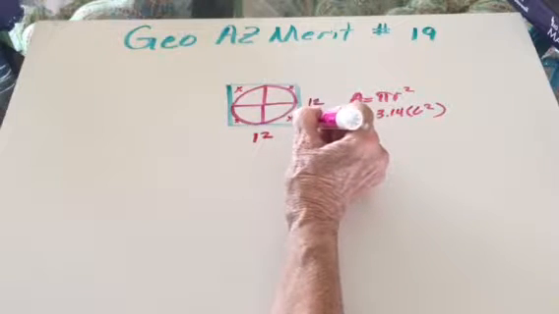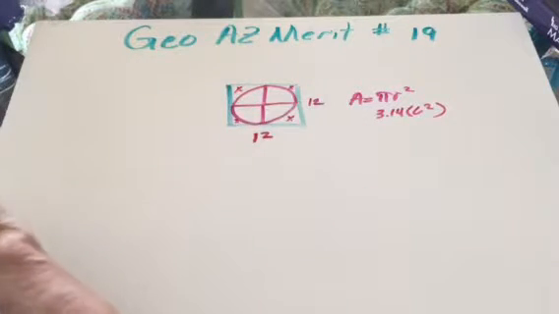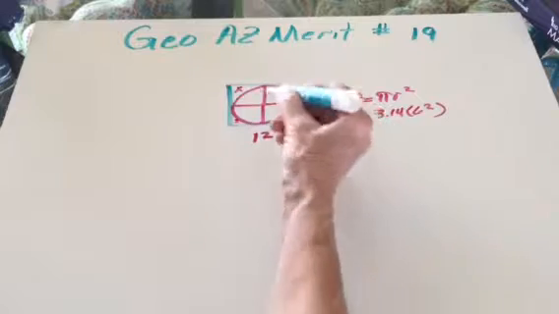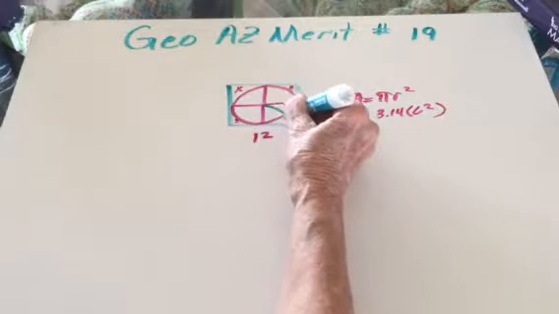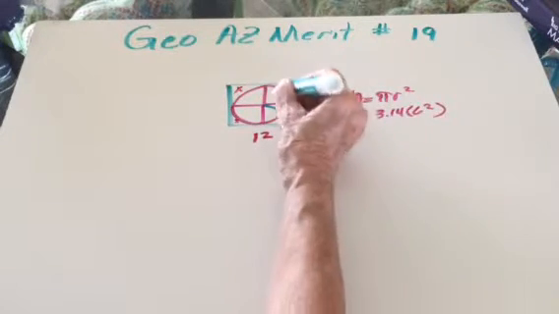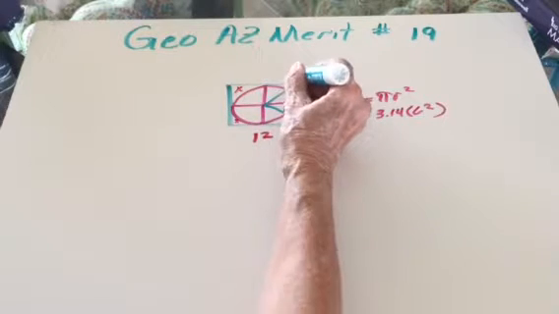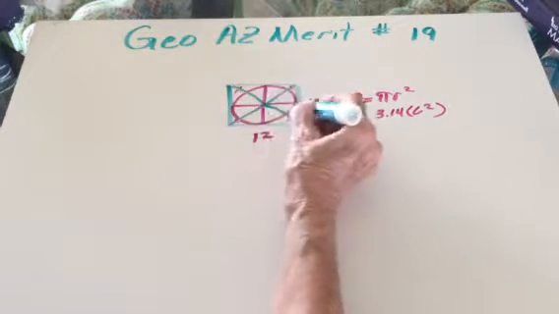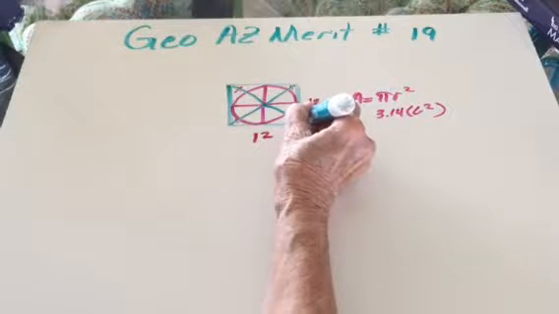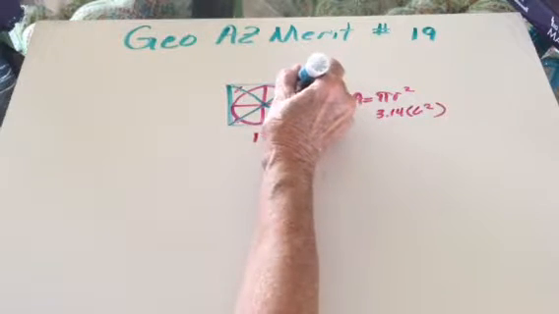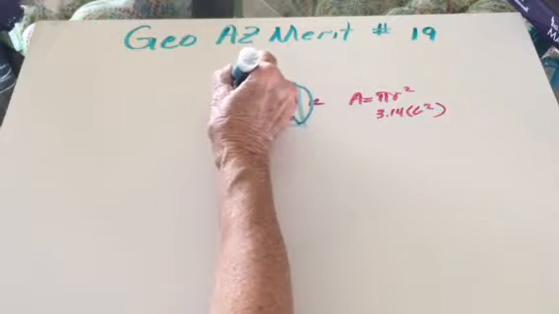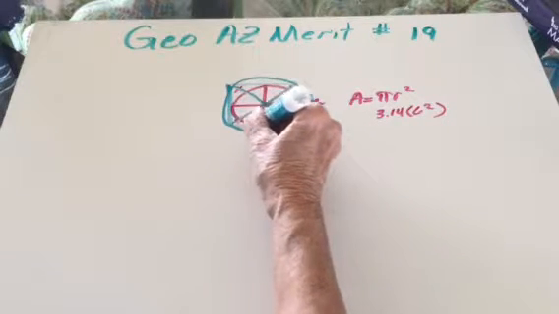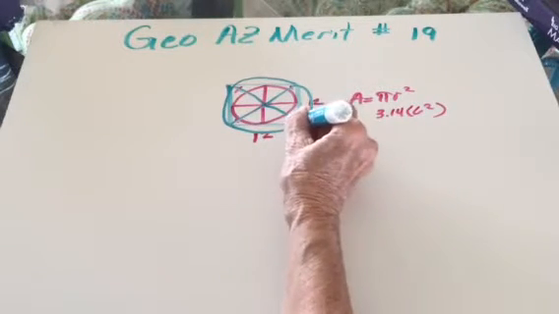See that? What if my radius was this long, or this long, or this long? Now I'm going to draw my picture, my circle. I mean, this is the worst picture ever in the world.